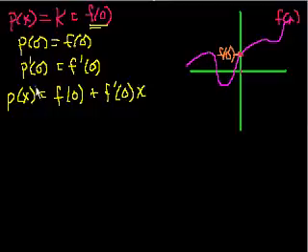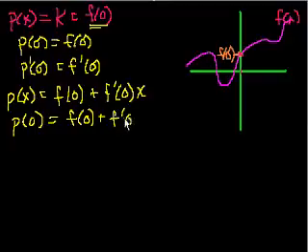And let me confirm that this will have the same derivative. So let's see. First of all, let's confirm that p of 0 is equal to f of 0. Well, p of 0 is equal to f of 0 plus f prime of 0 times 0. Well, this last term just goes to nothing, right? Times 0. So that checks out. At x is equal to 0, the two functions are equal to each other.